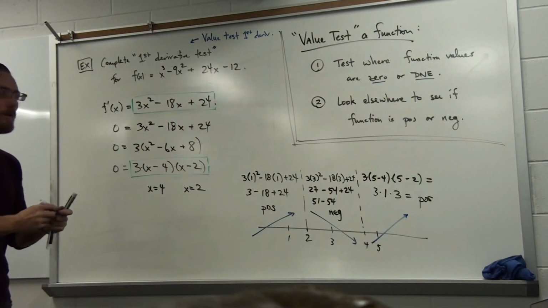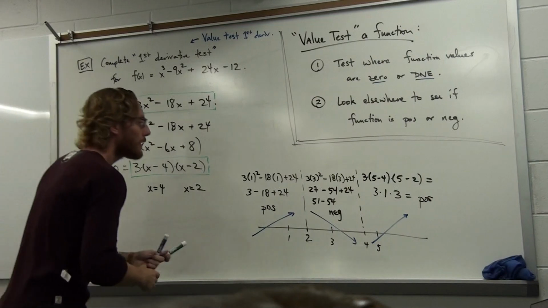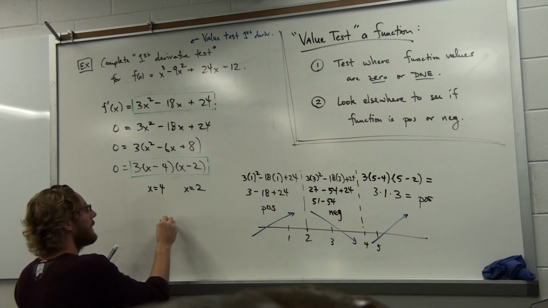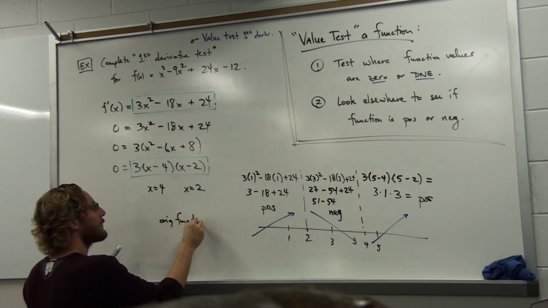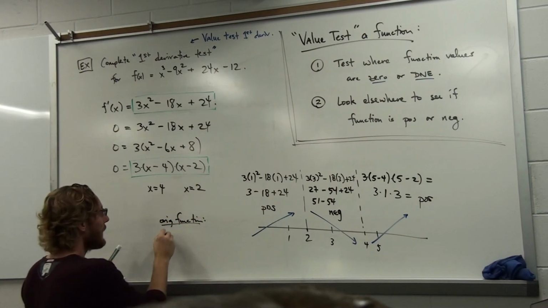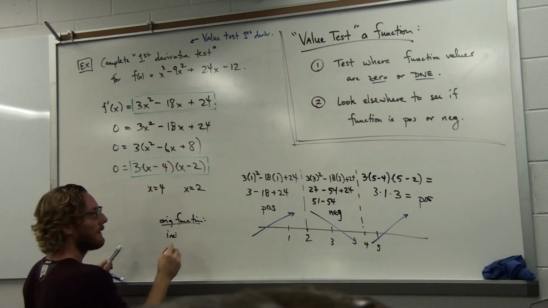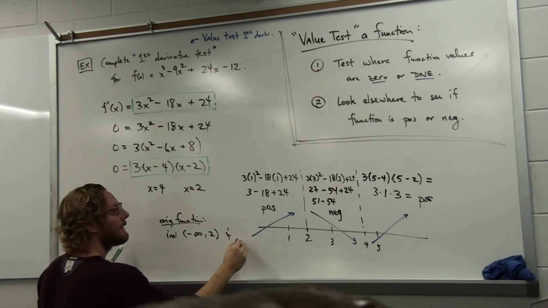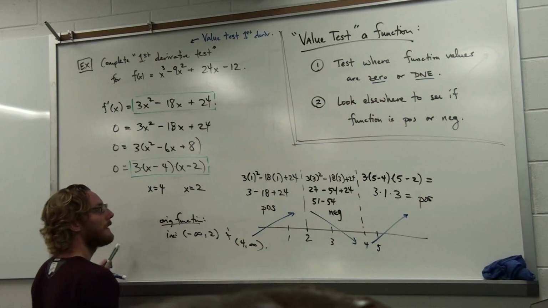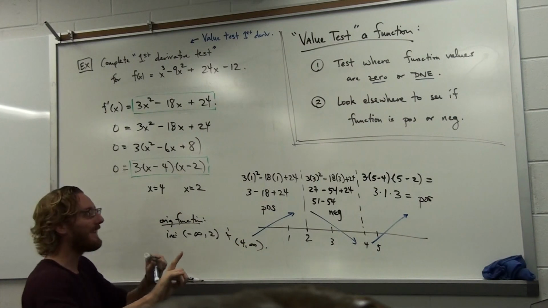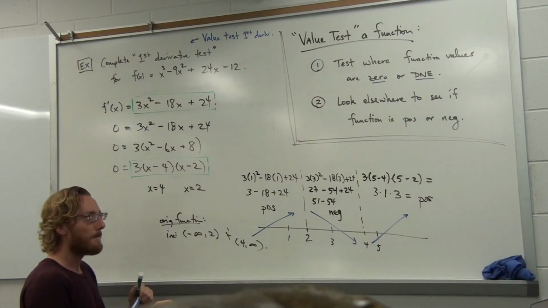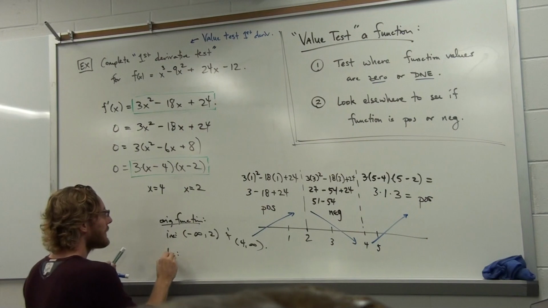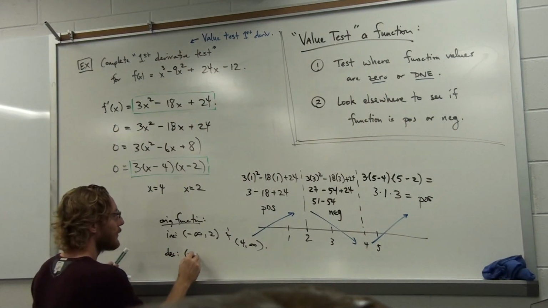When you look at this picture, you can see information about your original function. You can say from the first derivative that your original function was increasing between minus infinity and 2 and from 4 to infinity, because the function was uphill in those regions. Since the function was uphill, the function was increasing. You could say the function was decreasing between 2 and 4.